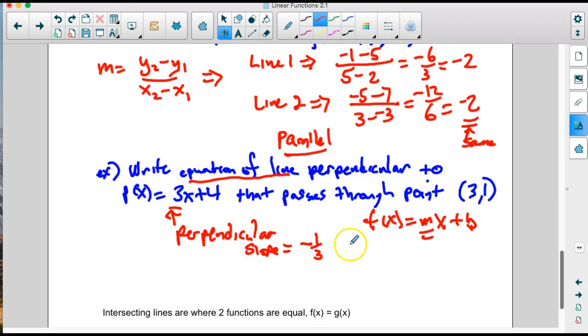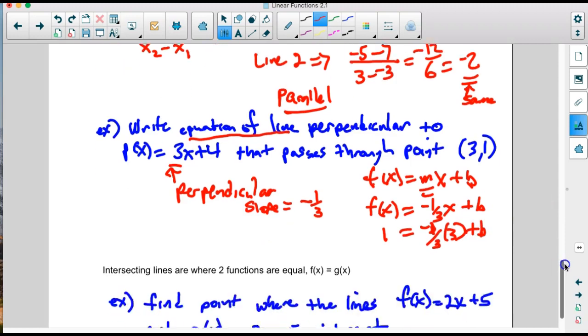We know the equation goes through 3, 1, so we're going to plug that point in. So f of x equals -1/3 x plus b. We're going to take, just like the problem up above where we had a point, we're going to plug this point in. So 1 goes here for f of x, because that's the value of f of x when x is 3. -1/3 times 3 plus b.